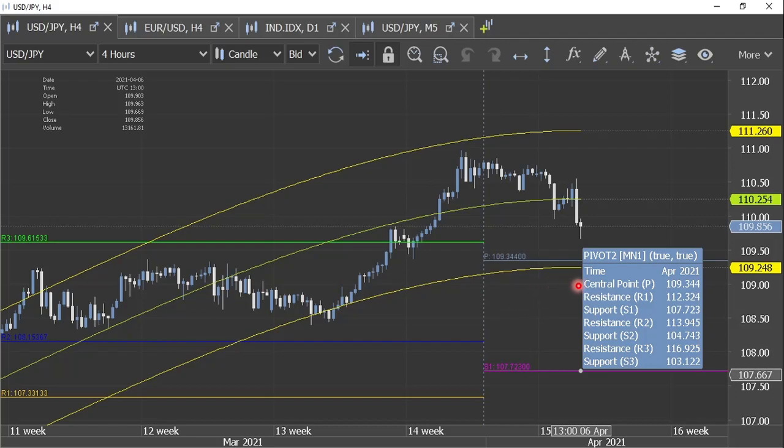So we can expect some support on the lower side, but for the time being, we do have the possibility of USD JPY continuing its decline. And if we consider this regression curve, it has also now flattened, and the price action has moved into the lower band of this regression curve, giving us one more reason to take the bait on shorting the USD JPY.